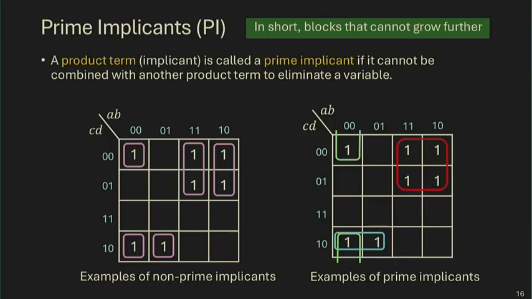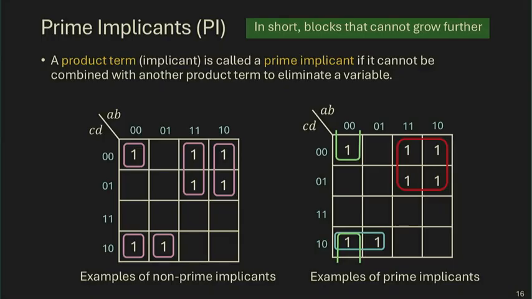In that K-map, now I'm illustrating all the prime implicants, the ones that cannot be grown any further. This one is already maximally expanded. You cannot grow it to the top. You cannot grow it to the right because those are all zeros. You cannot grow it to the bottom because this is a 0. So this has already been grown in all the possible directions, and therefore it's a prime.